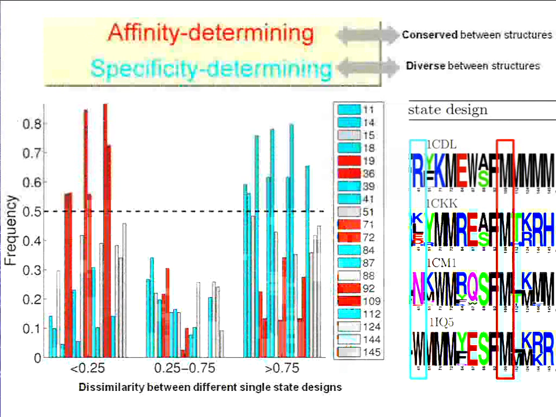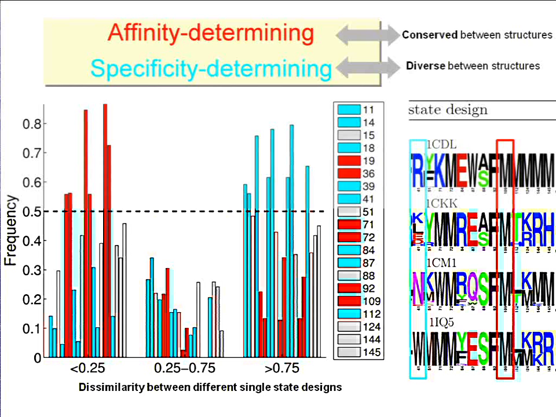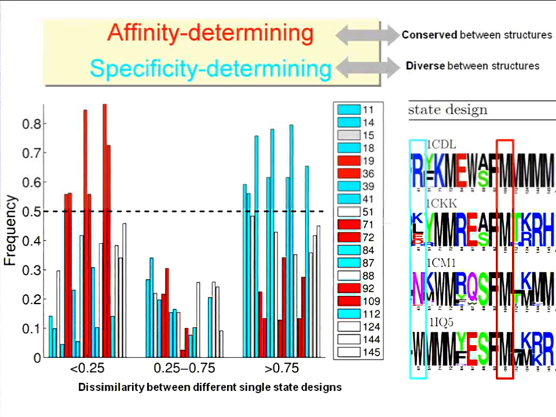So we wanted to quantify these different positions and categorize them. We used the JSD score to calculate across the 16 partners, and we defined conserved positions as those that are highly conserved between structures, and specific positions as those that are diverse between the different structures. That is, each partner induces specific requirements on the calmodulin interface.